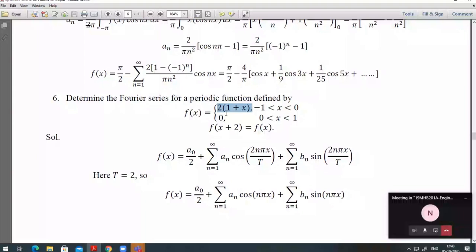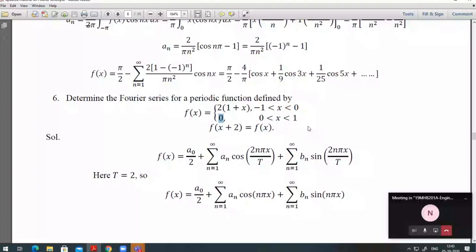The required Fourier series is f of x is equal to a0 by 2 plus summation n from 1 to infinity an cos 2n pi x by t plus summation n from 1 to infinity bn sin 2n pi x by t. Here the given period is 2, f of x plus 2 is equal to f of x.